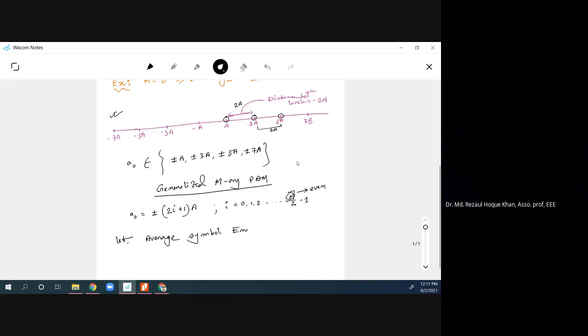Symbol energy is ES. Previously, we assumed that our average bit energy was EB. That's the difference here. So if this is the case, then what is ES?